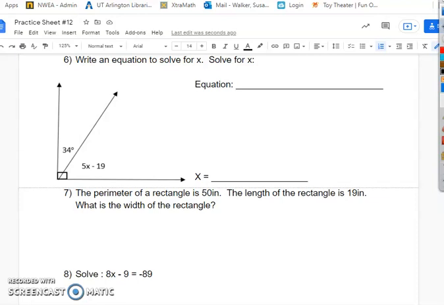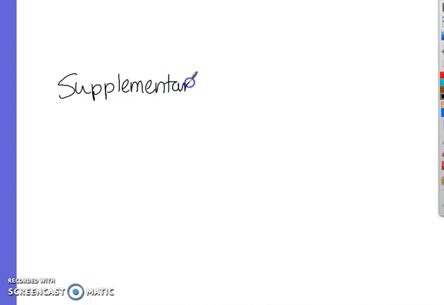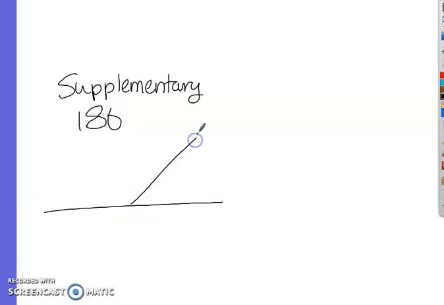So first of all, when you look at this equation here, this angle pair here, remember we had two types. We had supplementary. Remember, supplementary is straight, makes 180, and it looks like this, okay?